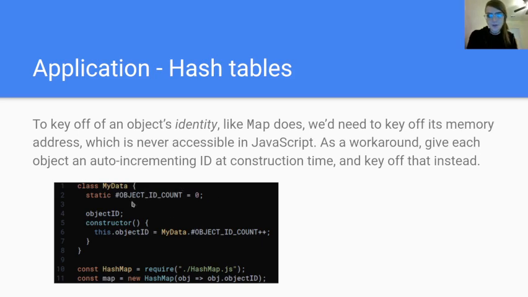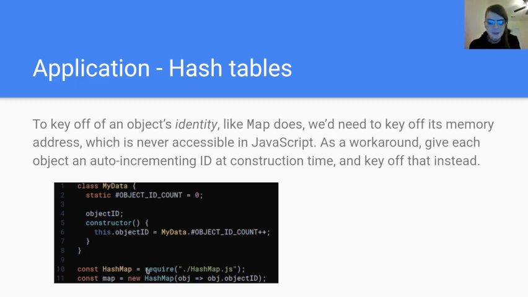So we can key off that object ID that it gets at construction time, as long as it's constant. We never update this object ID. It just gets determined when we construct it. And since all the objects of this class have different object IDs, we can key off that to determine object identity. It's a little bit of a trick.